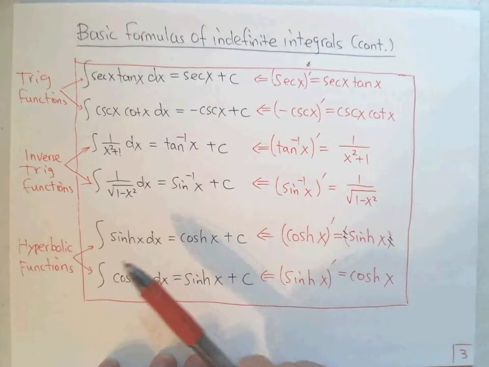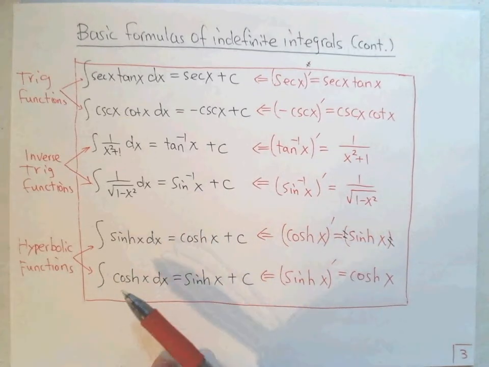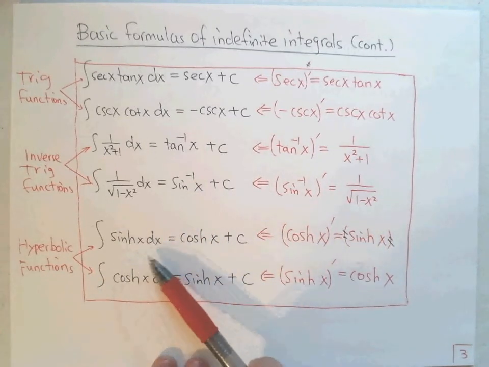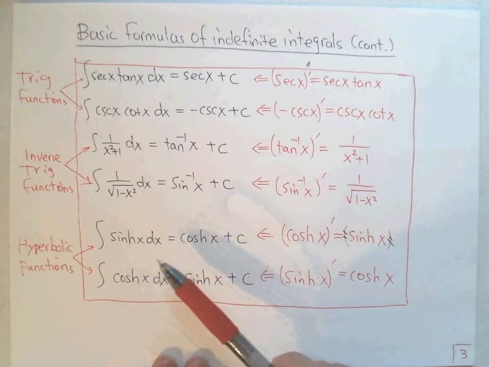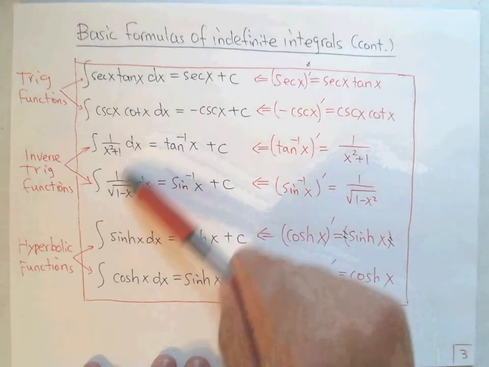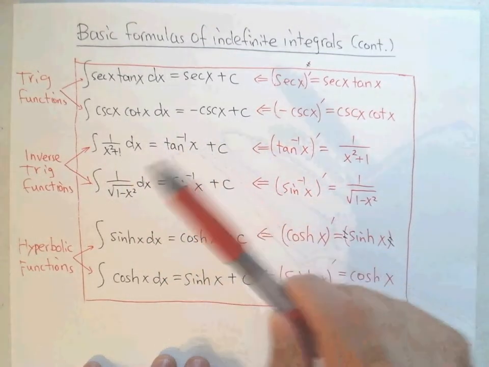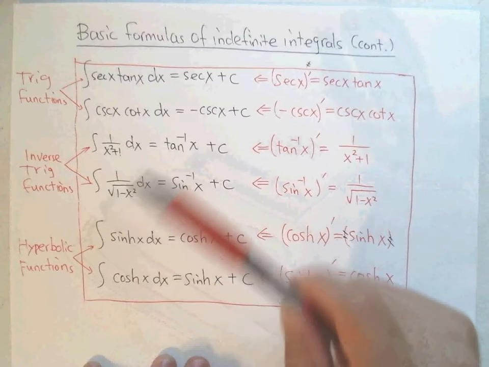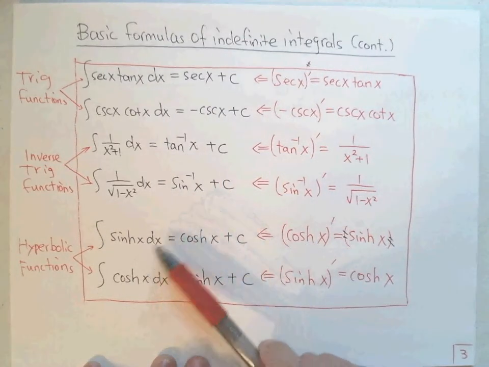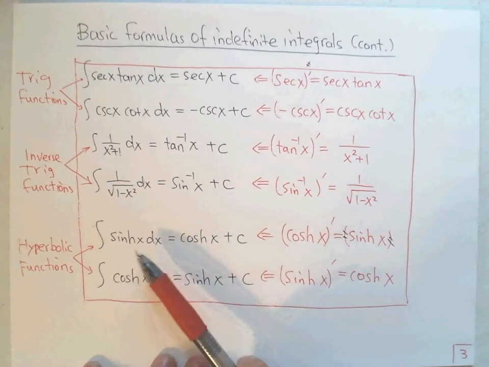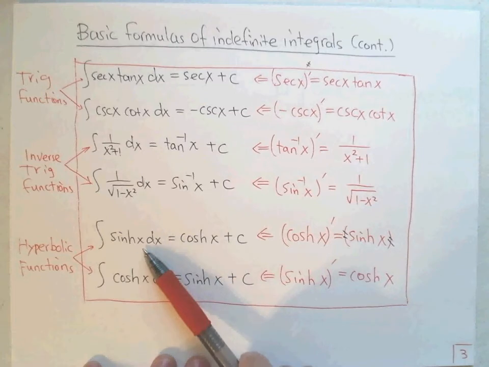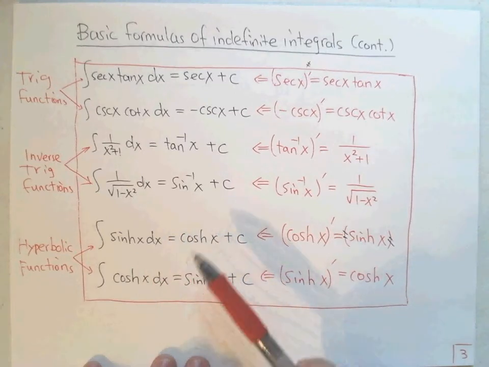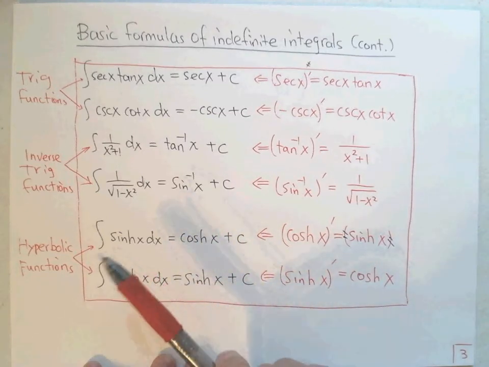And the one here for the basic is the hyperbolic functions. We have a lot of hyperbolic functions, of course. And the same, we have a lot of inverse trig functions, right? But we only take these two. We call it the basic. Two basic hyperbolic functions. How to find the antiderivative? This is a very easy way.